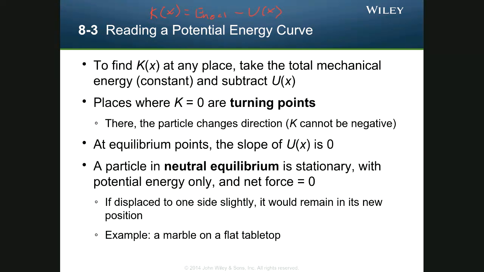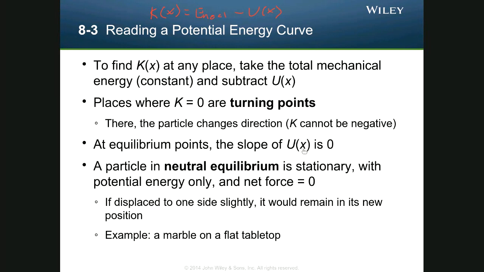And in places where k is equal to 0, we're going to call those turning points. And we saw that with our pendulum, right? When k is equal to 0, like right here, it stops and changes direction. So the turning point should make a little bit of sense. The particle changes direction. Remember, k cannot be negative. So at equilibrium points, the slope of u of x is 0, not the value of u of x is equal to 0, but the slope of u of x is equal to 0.